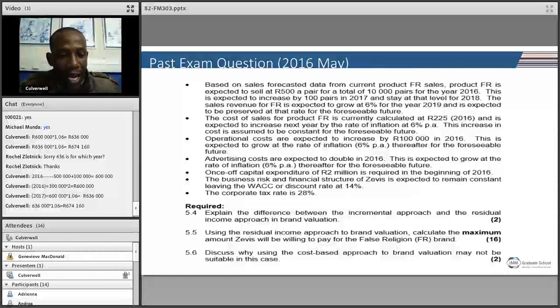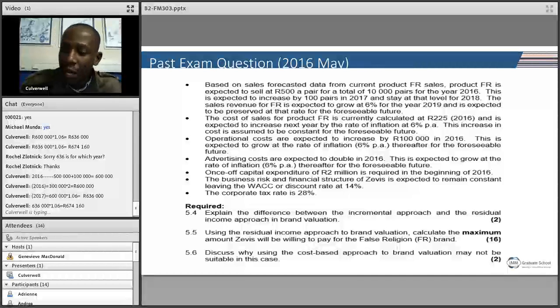The tax rate is 28% as indicated on the question. You then say your profit before tax times 28%. You get the tax expense itself, which you should put in brackets. And then you say profit before tax minus the tax at 28%. You get yourself your net profit. You do exactly the same for year 2017 and also year 2018.